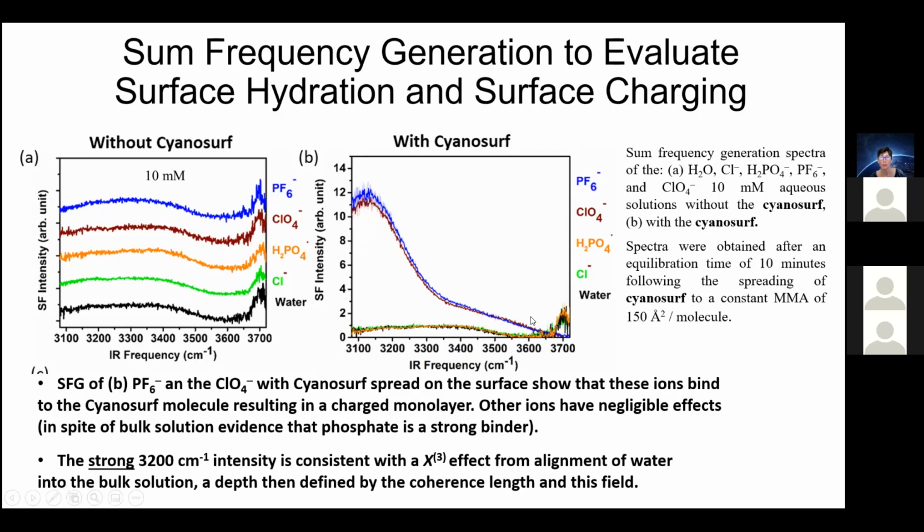The PF6 and the perchlorate, the ones that we know bind strongly from all the other data, give us huge signal enhancements consistent with that binding and causing the neutral molecule to become charged. The other ions and the water, again, are on top of each other at the bottom, not stepped up versus the left side. So it's a beautiful turn-on, binary kind of signature.